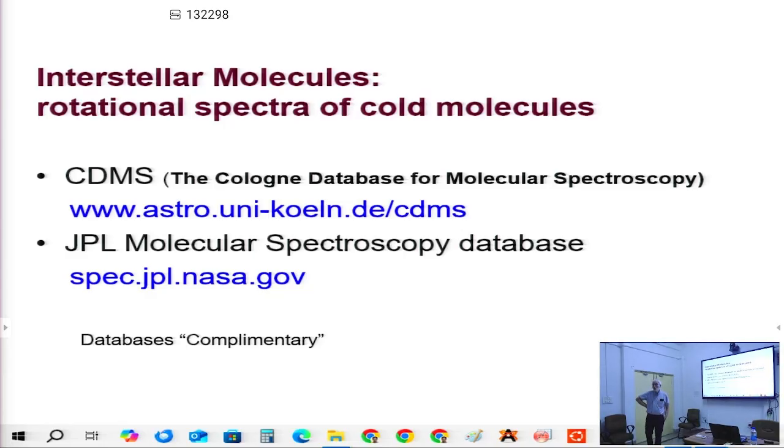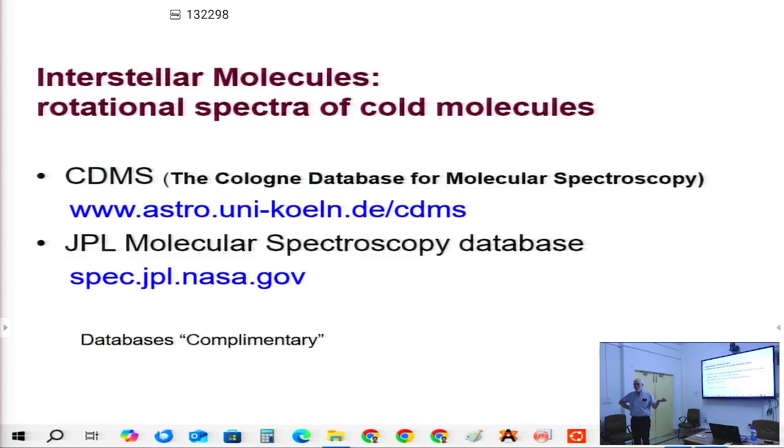A gentleman called Holger Müller went to do a postdoc there. German, he went back to Cologne and he started a database called the Cologne Database for Molecular Spectroscopy. And the original scheme was that they were complementary. That was, if a molecule was in JPL, it wasn't in Cologne and vice versa. So what Holger did was collect molecules that weren't in JPL and put them in Cologne.